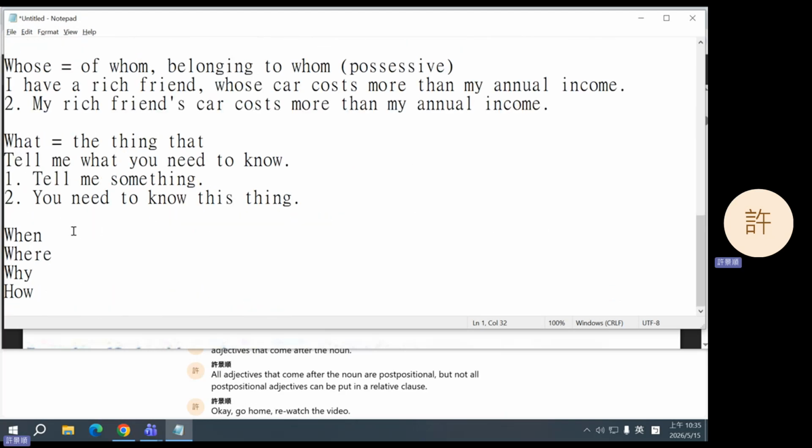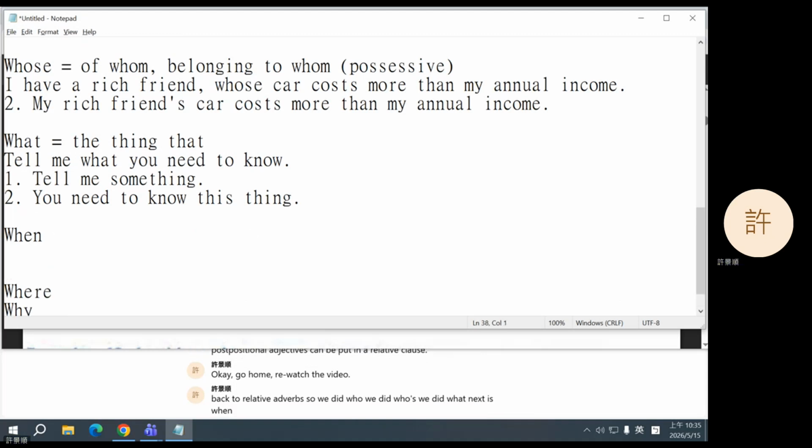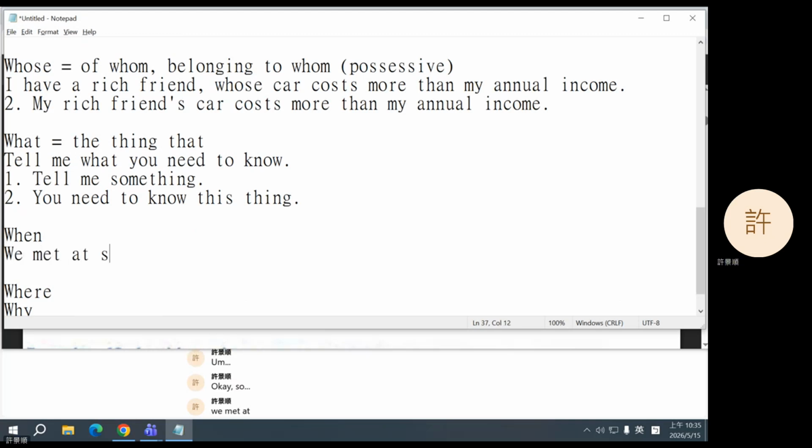Back to relative adverbs. So we did who, we did whose, we did what. Next is when. We met at 7 in the evening when the sun had gone down.